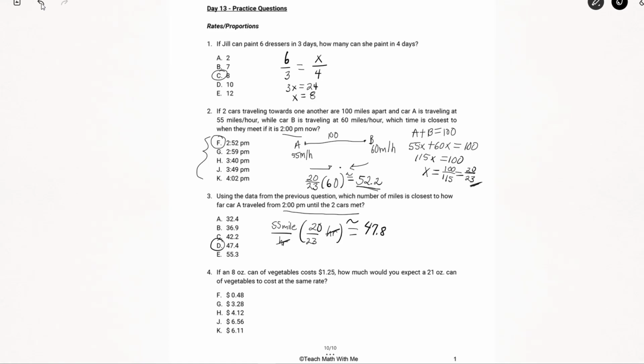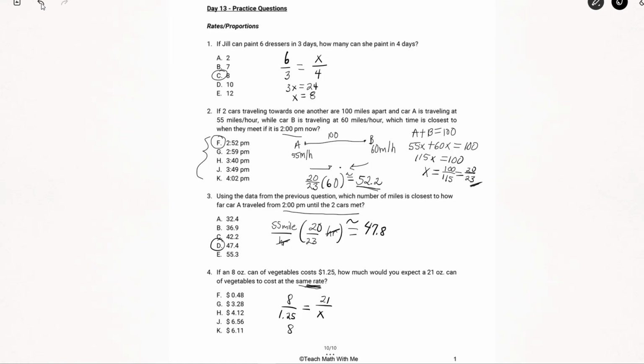Let's take a look at question number 4 now. If an 8-ounce can of vegetables costs $1.25, how much would you expect a 21-ounce can of vegetables to cost at the same rate? It's a proportion. We know we can get 8 ounces for $1.25, so we set up a proportion for 21 ounces at what price.